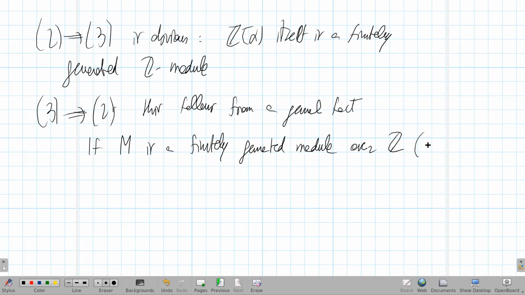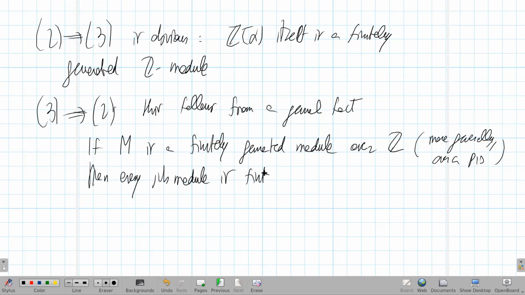More generally, you can take it over a PID, principal ideal domain, for instance, a Euclidean ring. Then every submodule of M is finitely generated.